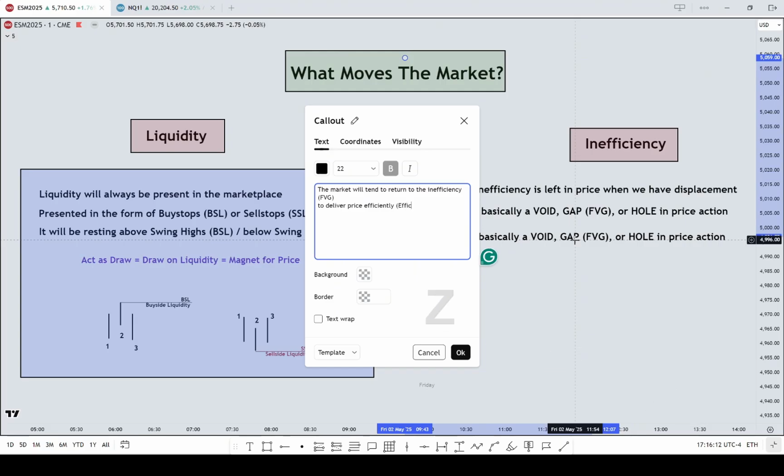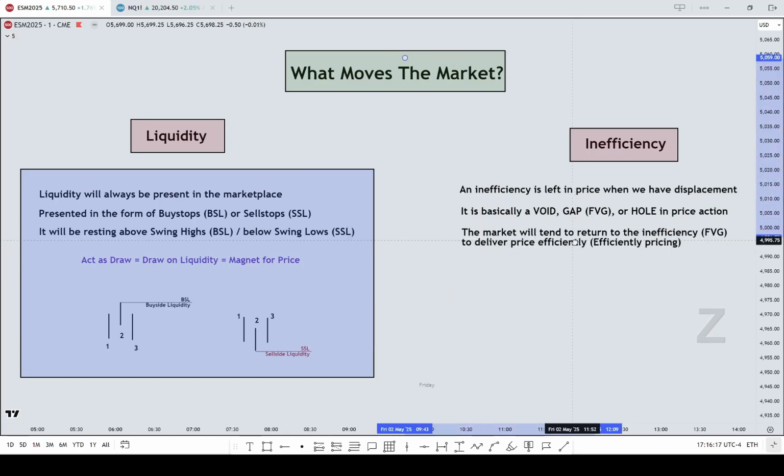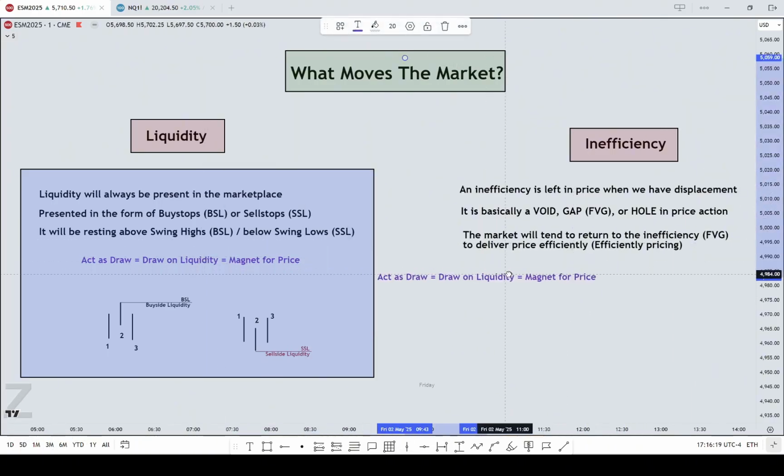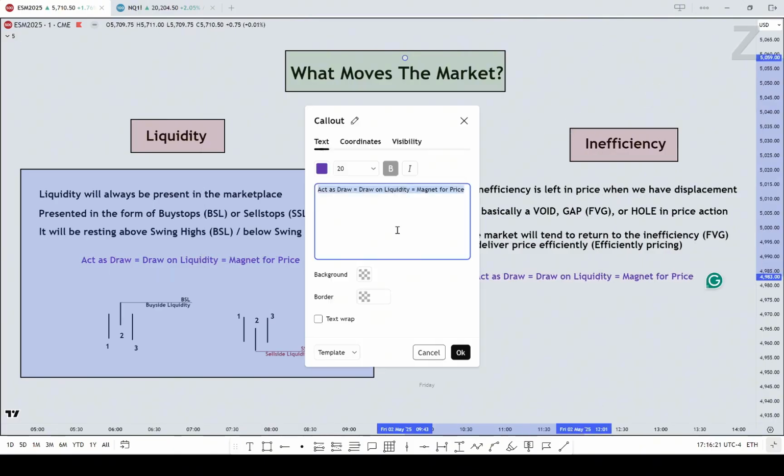This is called efficient pricing. Bam. And this is going to act also as a magnet in a trending environment.